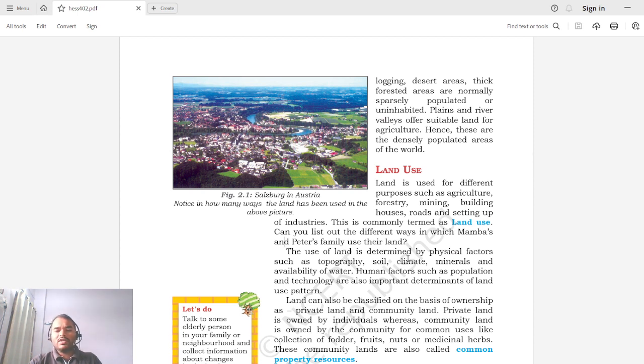Say for example if there is plenty of water, then I think agriculture can be done. If the land is analyzed and it is found that there are some precious metals which can be mined and recovered, then that land will obviously go under mining activity.